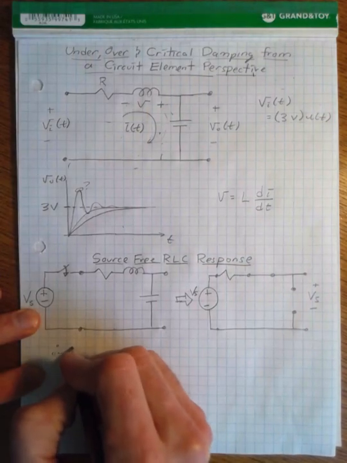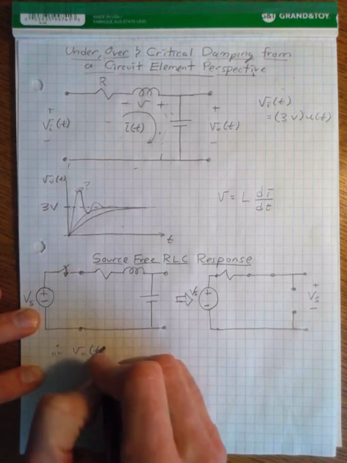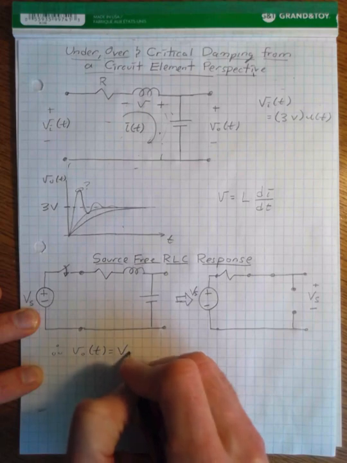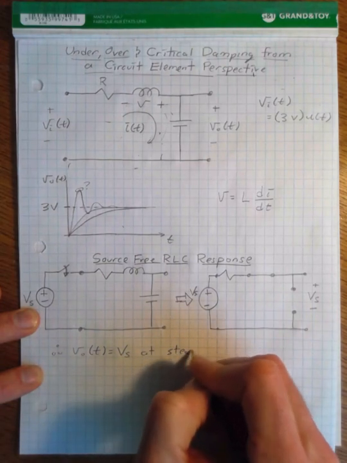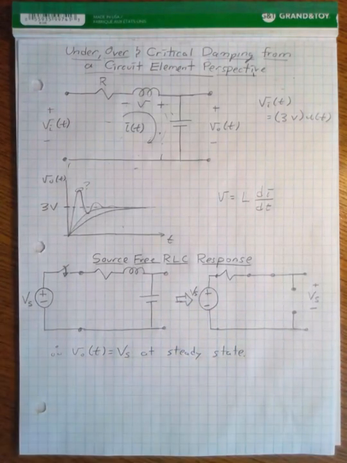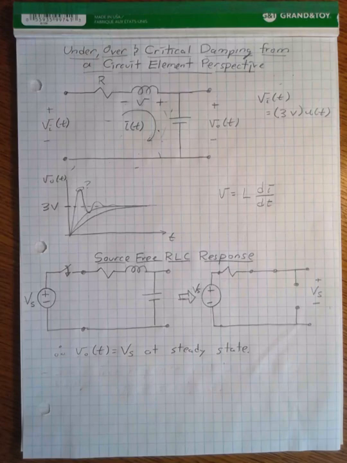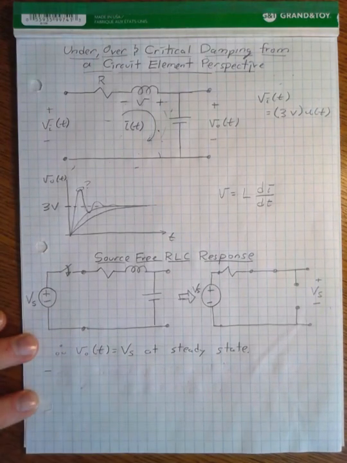Therefore, our output voltage is equal to Vs at steady state. So we know that our source-free response occurs when we switch our voltage supply off, or we switch from Vs down to 0.